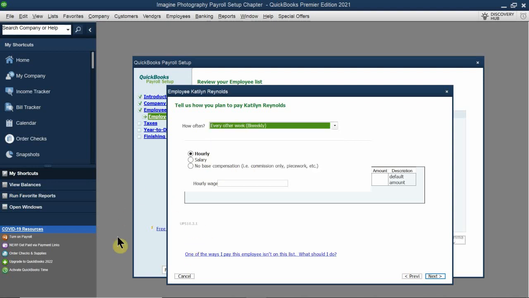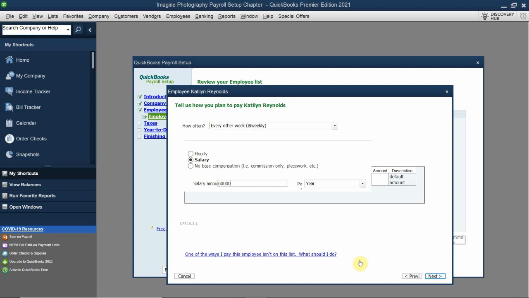And is she getting paid hourly? She's actually going to get paid a salary. What's her salary amount? She earns $60,000 per year. Salary is always given as an annual rate. It's usually not given as a wage rate. It's given as a big lump sum amount.